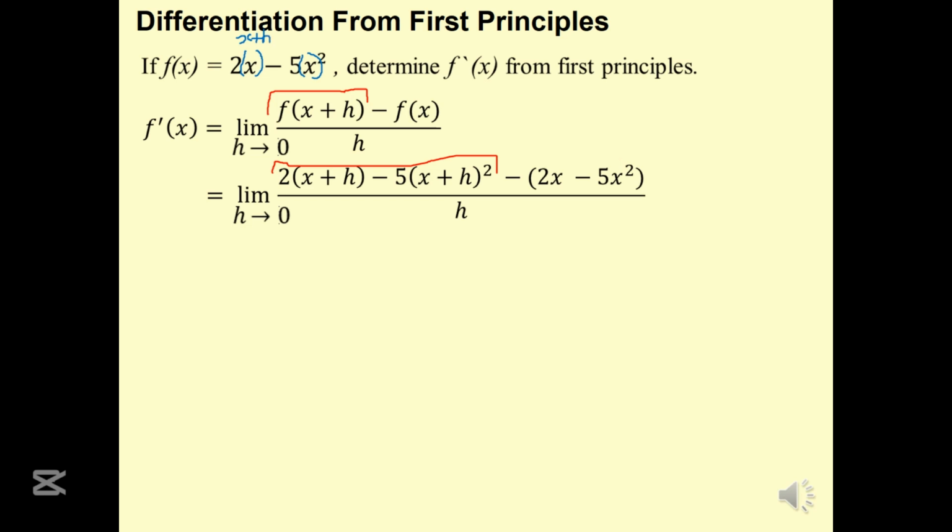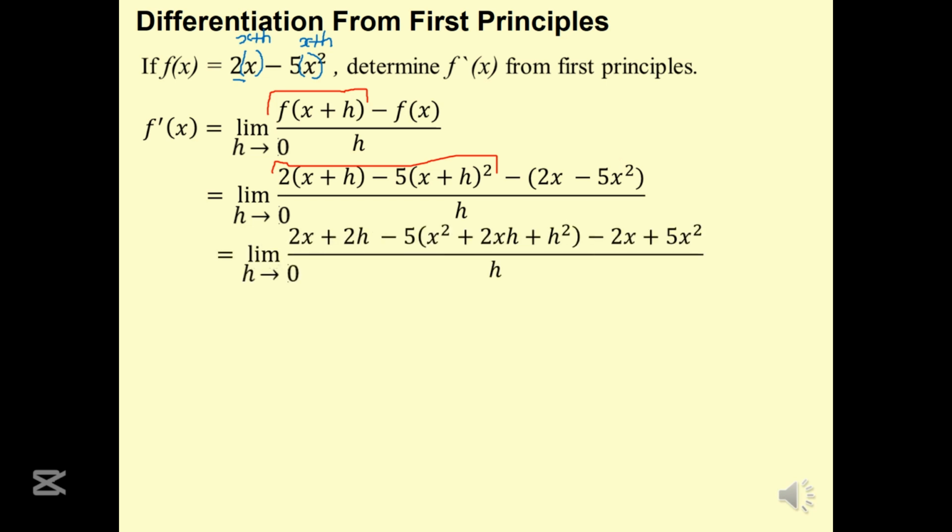So we are substituting x with x plus h such that 2x, which we have here, becomes 2 factor of x plus h. 5x squared becomes 5 factor of x plus h squared. That is what we are doing.